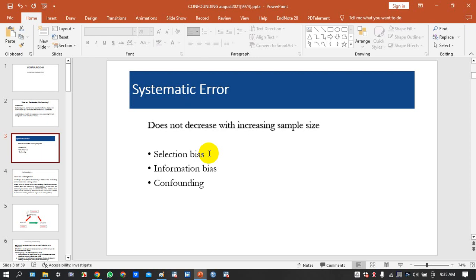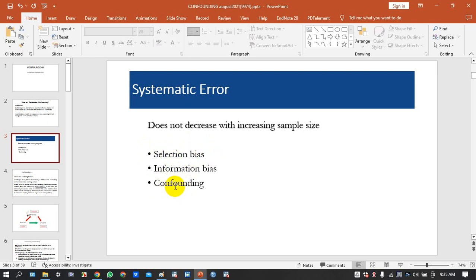Examples are selection bias, information bias, confounding. When you increase sample size, confounding will not decrease, information bias will not decrease, selection bias will not decrease. Our next lecture will be on bias after we've tackled confounding.